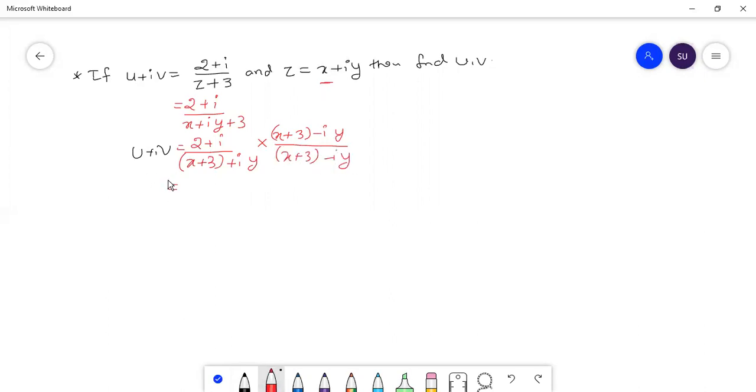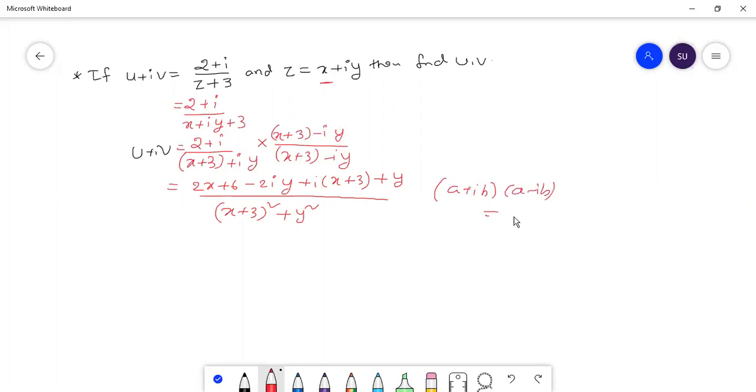Now you can simply multiply. 2 into (x plus 3) is 2x plus 6. 2 into iy, that is minus 2iy. i into (x plus 3), you can multiply. i into iy, i into i is i square, that is plus y, divided by, coming to here, this is again in the form of (a plus ib) into (a minus ib), that is a square plus b square, (x plus 3) whole square plus y square. Now simplify it.